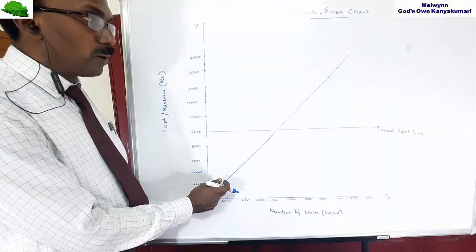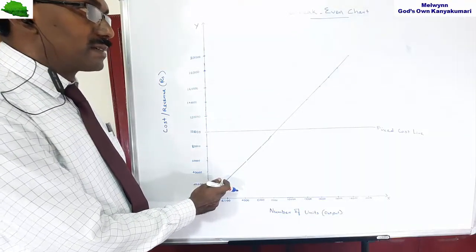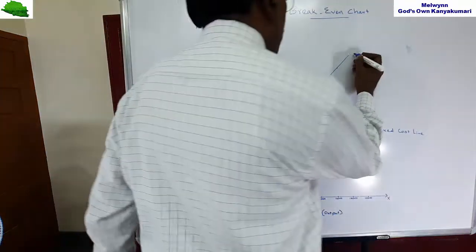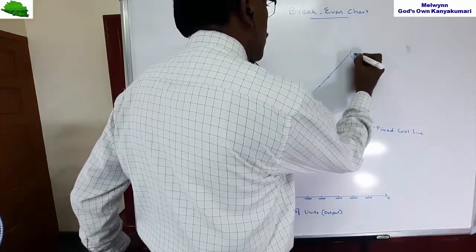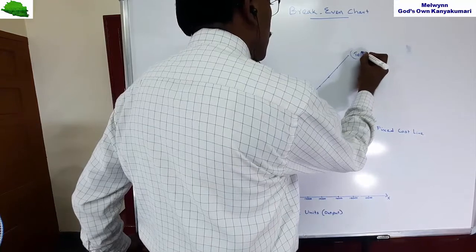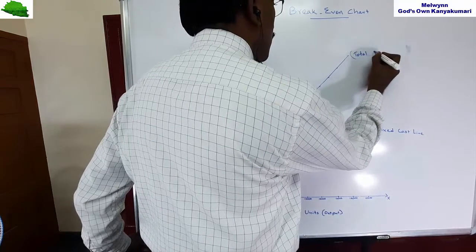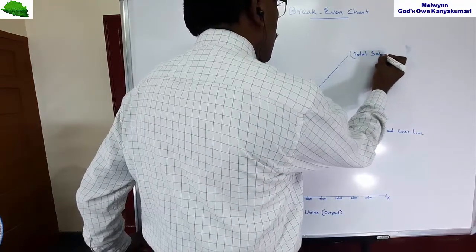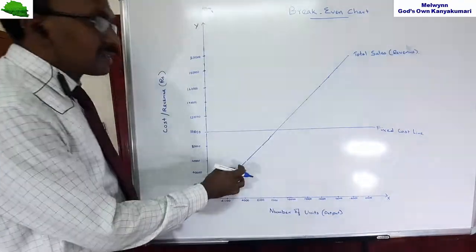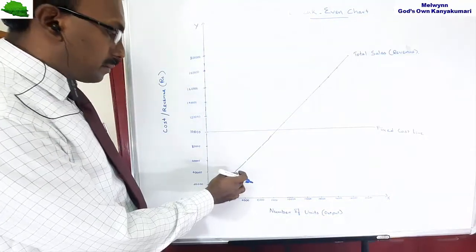This line is total sales line, that is revenue.